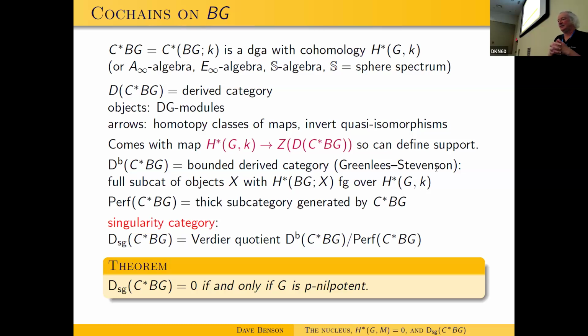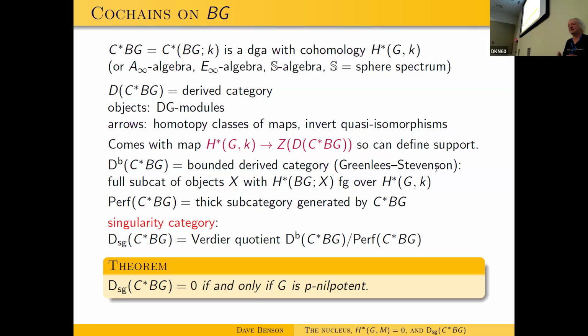And so Greenlees and Stevenson actually came up with a good definition of the bounded derived category. It's not obvious what to do for a bounded derived category. You don't want to just look at things that are 0 outside a certain region. That's kind of dumb. So their definition is that you look at those differential graded modules whose cohomology is finitely generated as a module over the cohomology of the group.